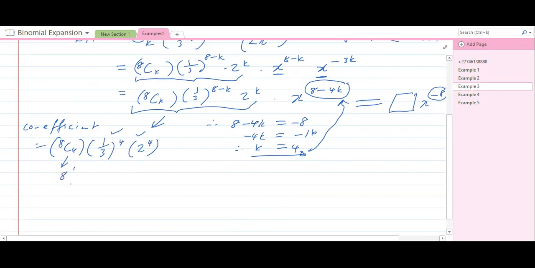So that's 8 factorial over 4 factorial, 4 factorial.